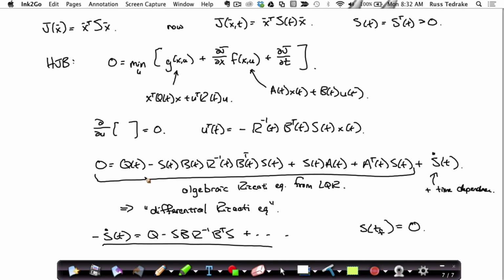You simply have to integrate backwards over the trajectory to get my cost to go, and then my controller is just negative K of t x of t. This is u bar, okay, right? u bar of t equals negative K of t x bar of t. You can just extract it once you have S. It's just a simple function of S.